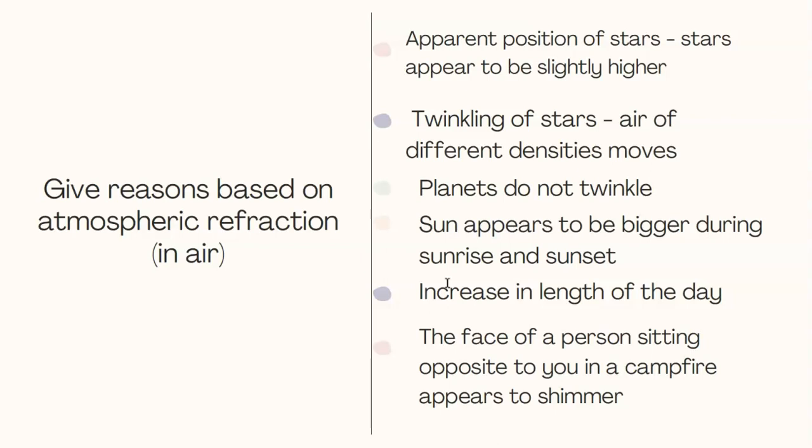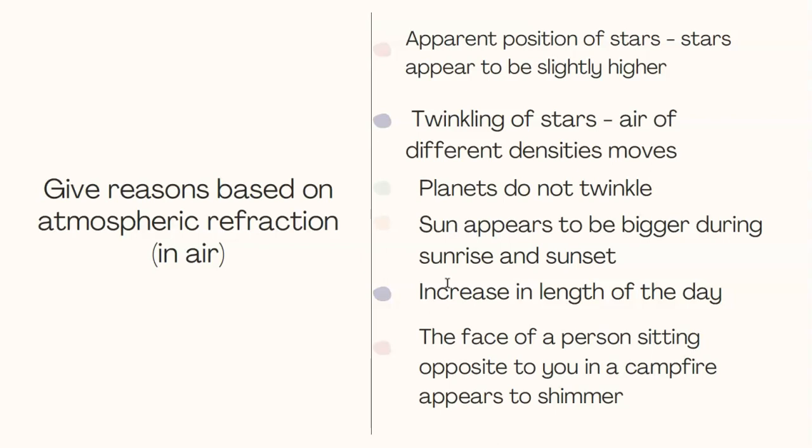Same thing happens at sunset. If sunset timing is, suppose, say 7:30 p.m., that is in the evening, we shall be able to see the sun even after sunset for 2 more minutes, that is till 7:32. That is because we are looking at the apparent position of the sun. The sun has already set, but its apparent image, which is slightly higher in the sky, slightly above the horizon, is still visible to us for 2 minutes.